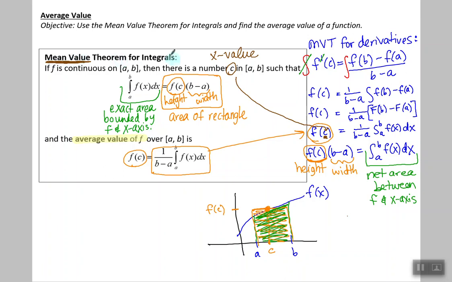So our mean value theorem for integrals says that there is some x value in our interval at which the height at that x value, the function value, times the width gives us an area of the rectangle that is exactly the same as the exact area, or the definite integral from a to b of our function. That average value is that height from that perfect rectangle.